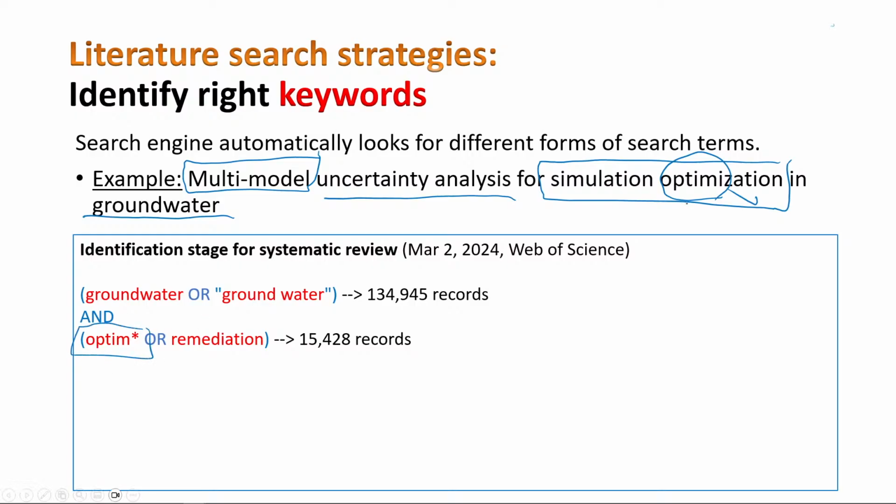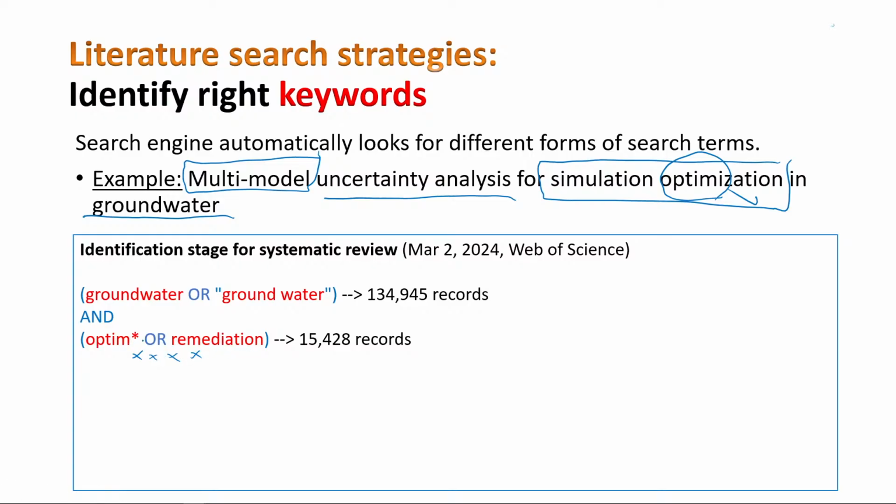And you see here, I'm not even using the word optimization. I'm using it with this special symbol, the wildcard. This special symbol includes as many characters as possible after m, with all their combinations.